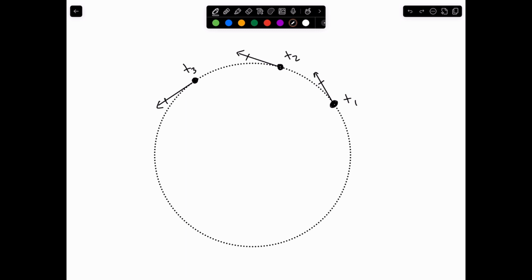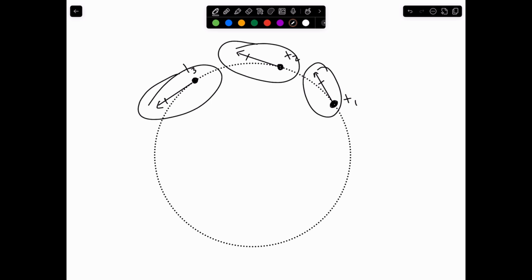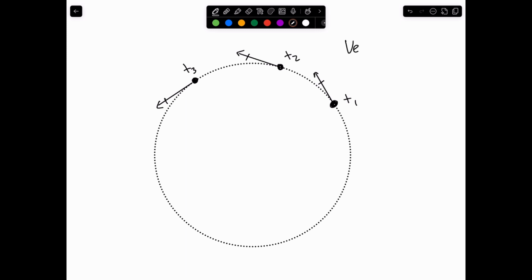Now, I'm not the best artist in the world, but you can see that the length of these vectors are all relatively the same. And what are these vectors? These vectors are velocity vectors.